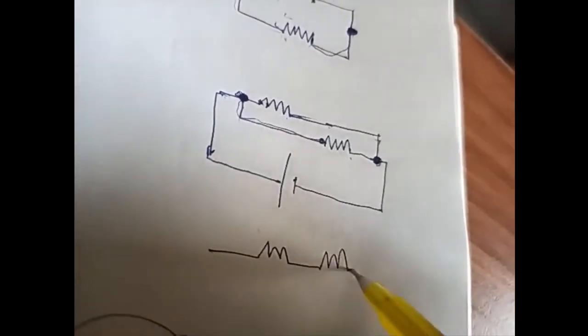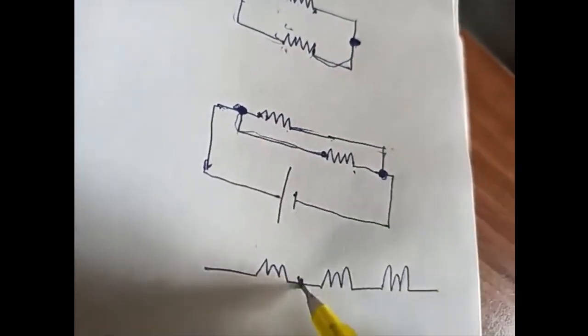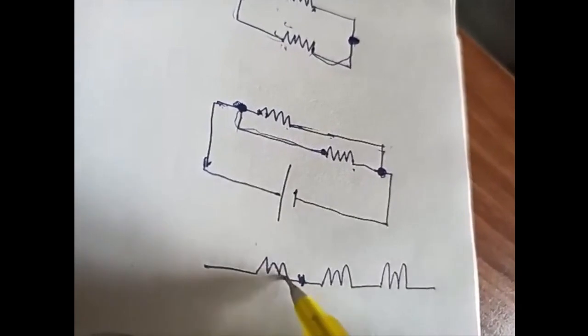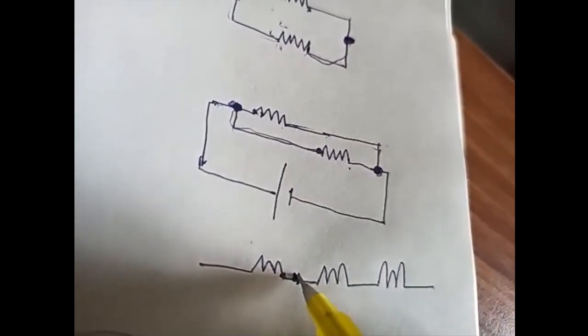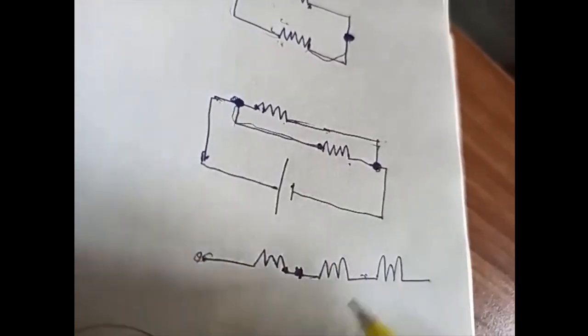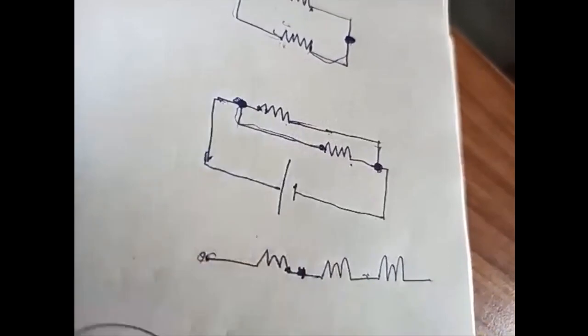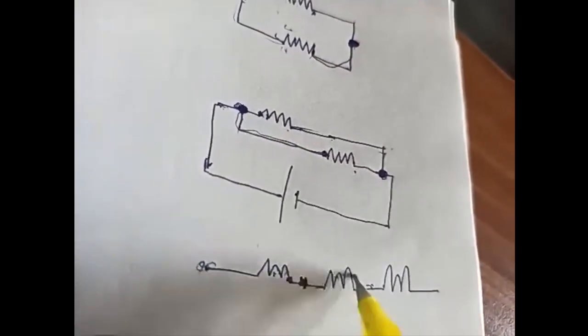If you check a series connection, you can see that only one side is connected. That is, the right hand side of this resistor and the left hand side of the other are connected. Its left hand side and right hand side are not connected together; it is connected to some other portion. So we cannot say that these two are connected in parallel.